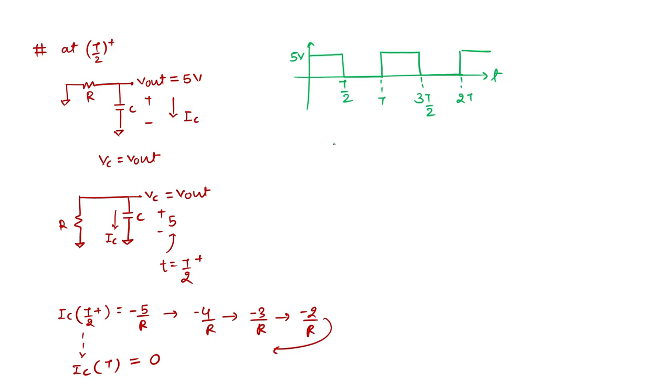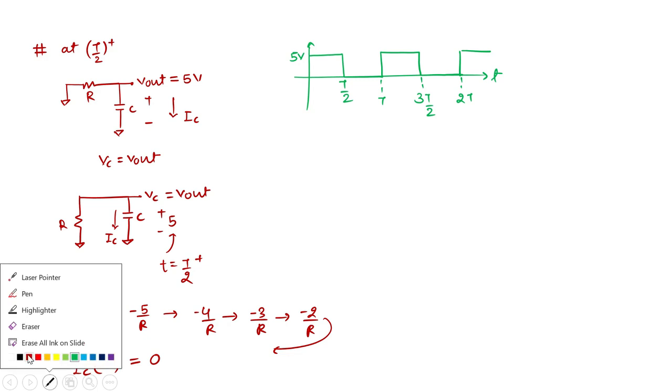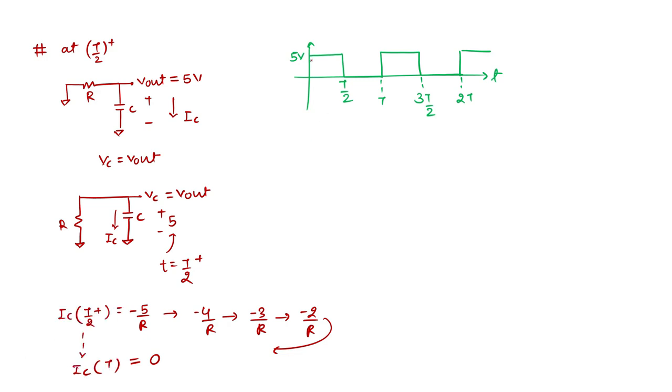So this is the input. What is the behavior of the capacitor current? Initially the current value is 5 by R. I am just drawing from here. It does not mean that it is 5, it is 5 by R. So for the current, I should say this level is 5 by R.